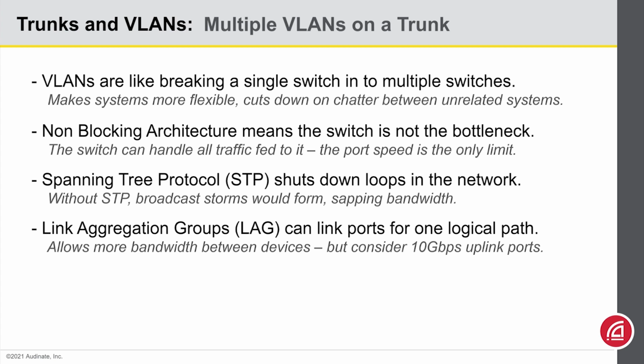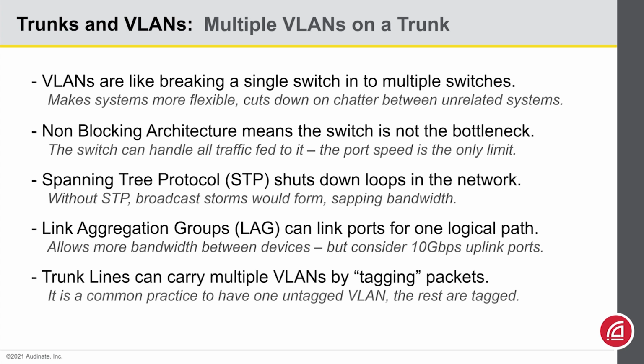But if you're having to use them in the design phase, it's worth looking to see if there's any switches that might have higher speed trunk lines rather than link aggregation groups. Finally, trunk lines can be designed to carry multiple VLANs by tagging packets between switches. On a trunk line, it's a common practice to have one untagged VLAN so that you could connect a computer, perhaps to access the switch's configuration screens.